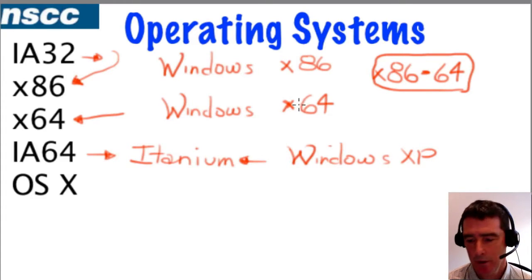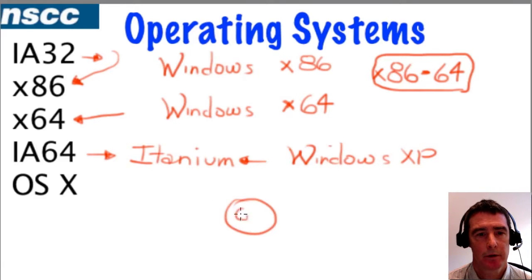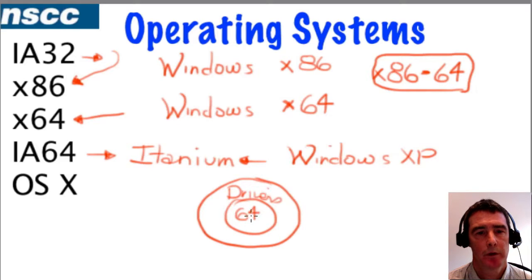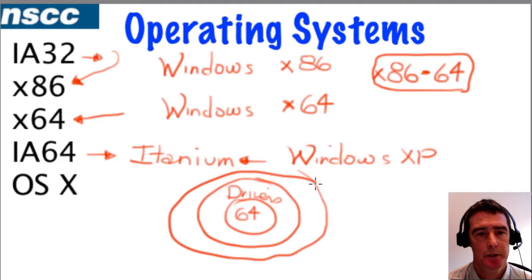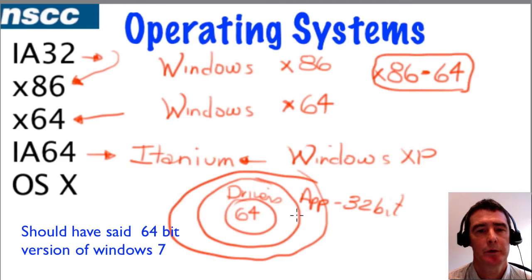Now the problem here becomes when you have a 64-bit Windows. If you're running Windows that's running 64-bit, all your drivers have to also be 64-bit drivers. Your applications, they can be 32-bit. So if you have installed a 64-bit version of Windows 7, you can often run your 32-bit applications.